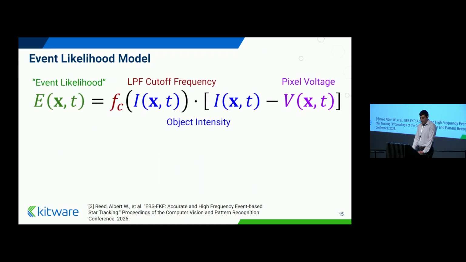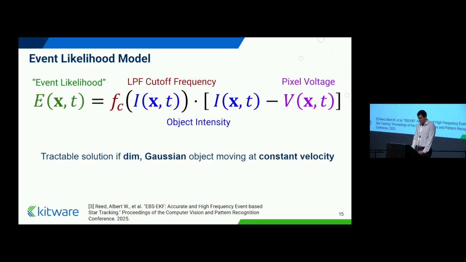To account for this, we utilize a more physically accurate model of the event likelihood, where we include the pixel's low-pass cutoff frequency, FC, which is a function of the object's intensity, and we also include the current pixel's voltage. Because we include the current pixel's voltage, this is a much more difficult equation to solve.